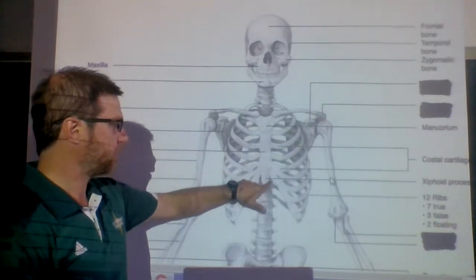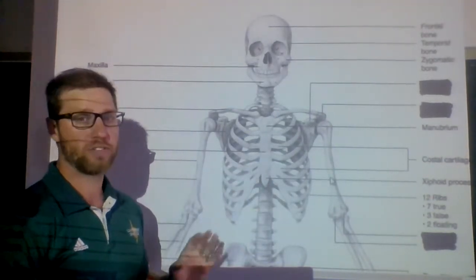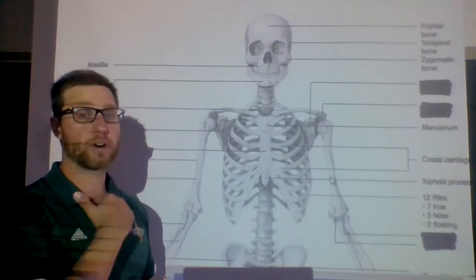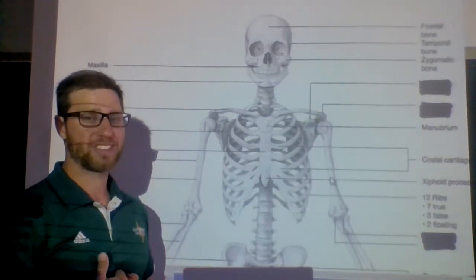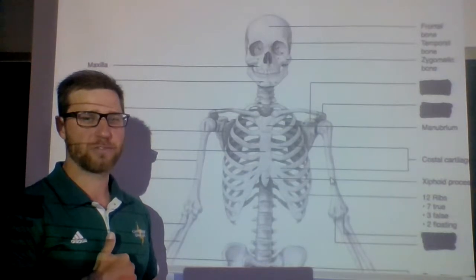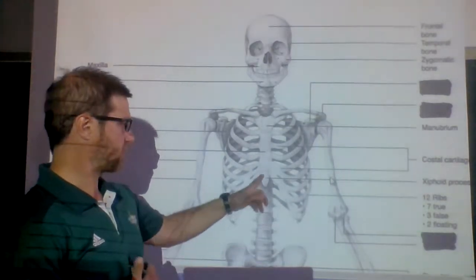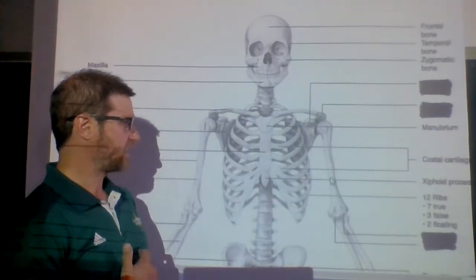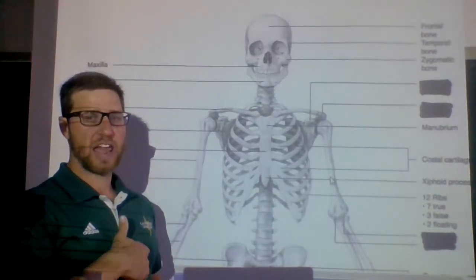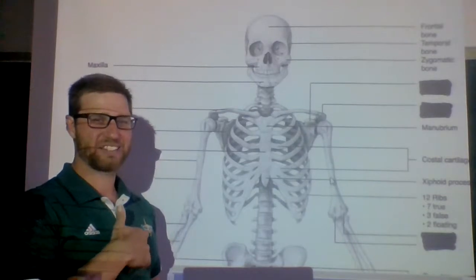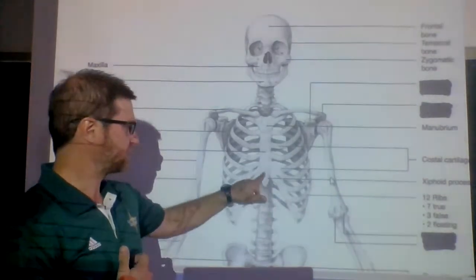And then the xiphoid process is the third part of your sternal body. So you've got your manubrium, your sternum, and then the last, most inferior part is your xiphoid process. If you feel right at the very bottom of your breastbone, you've got that xiphoid process, and you can feel it sticking down just below.